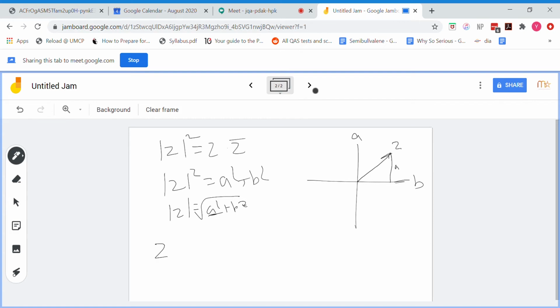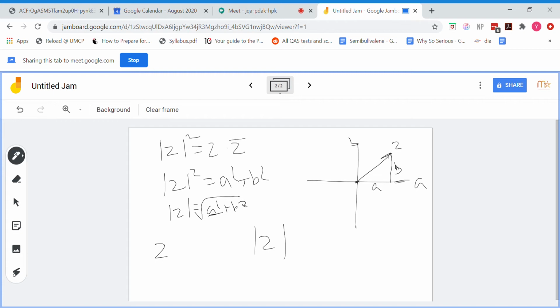You can see that the distance from the origin to the point z is equal to the magnitude of z. That's why it's called the magnitude of z.